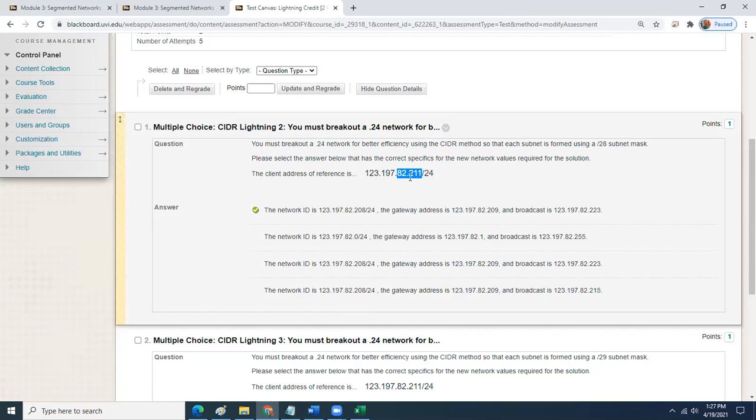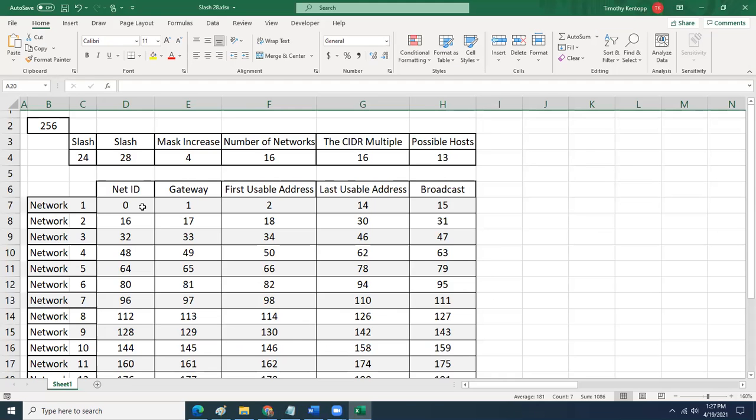If we look at this, we're dealing with a 123.197.82.0 address. This is a Class C address. So before CIDR is performed, we're dealing with class-based networking. In that case, the network ID is 0, the gateway is 1, but what's the broadcast?